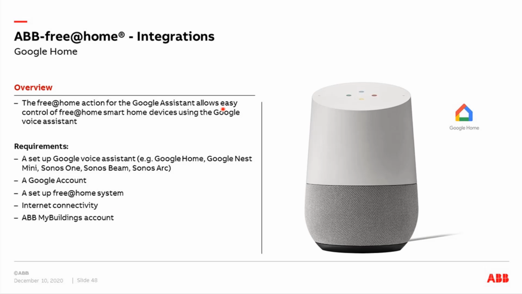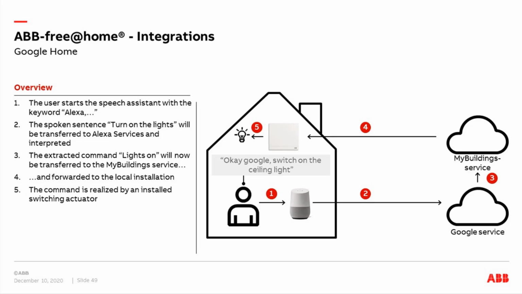So the same requirements as for Alexa. And also the way both systems communicate with each other is completely the same. So we have again a cloud-to-cloud connection, here not between Alexa and the My Buildings service, but between the Google Cloud and the My Buildings Cloud. The rest, the way it works, is completely the same.